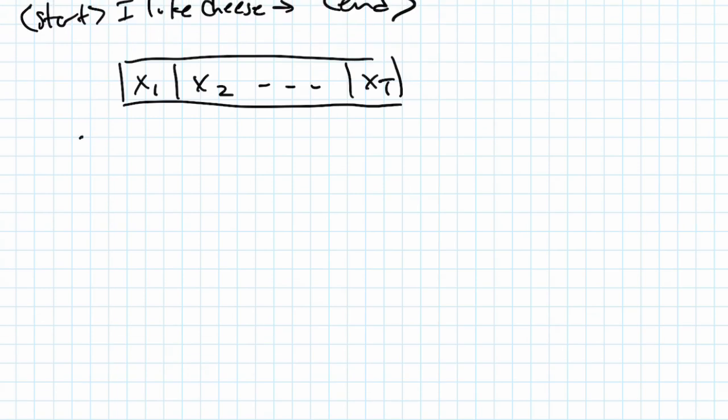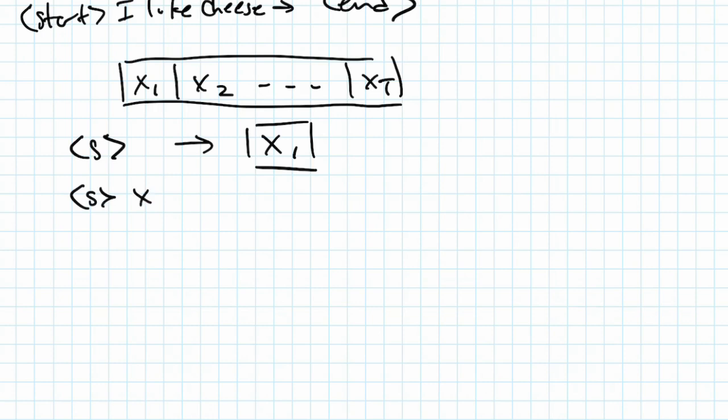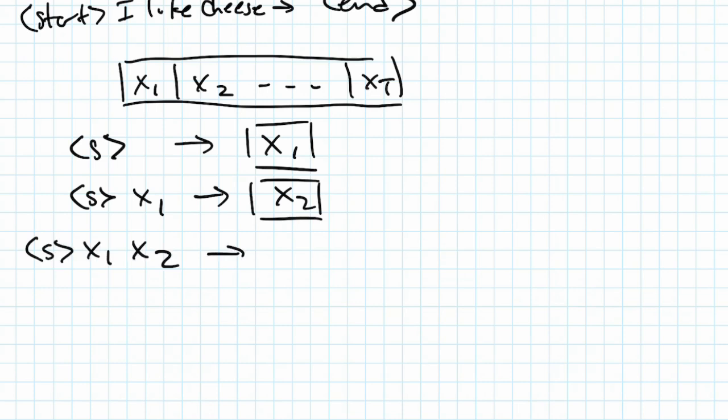So we have start, and we want to predict x1, and then we have start x1, want to predict x2. And then we have start x1, x2, we want to predict x3, and so on and so forth.